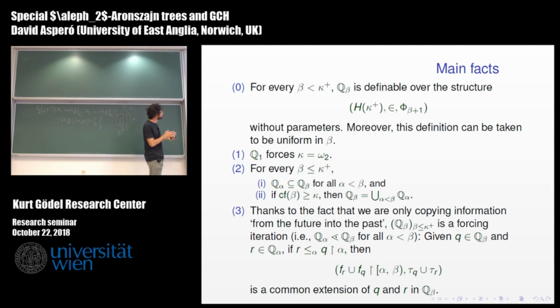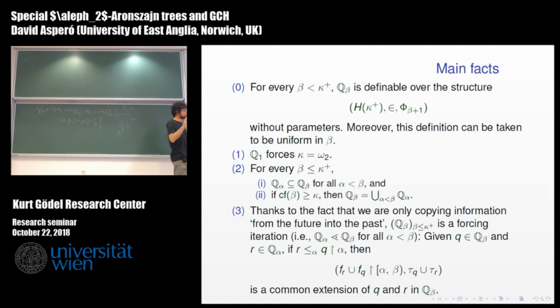Then you can just amalgamate everything in the natural way. You look at FR union the tail of FQ from alpha onwards. You take the union of tau Q and tau R, and that will be a condition. Just look at the definition, at the geometry of the forcing.